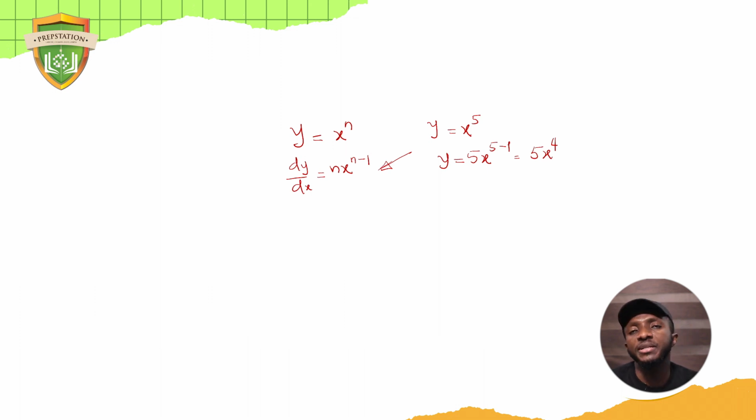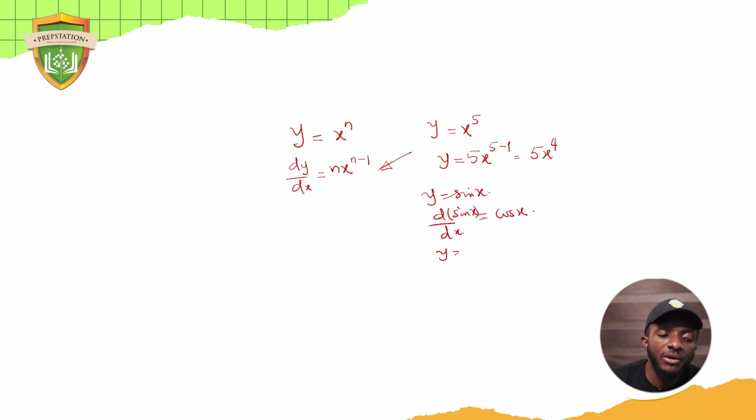Now, they are what we call standard differentials. For instance, if y equals sine x, and you differentiate y with respect to x, it will give you cos x.